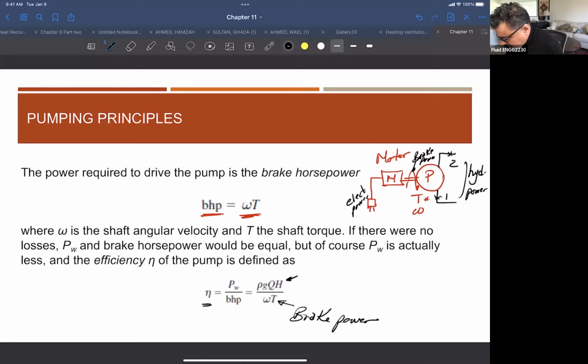If you are using horsepower units, that means it's brake horsepower, and here will be the hydraulic, or this is the flow power here, right?